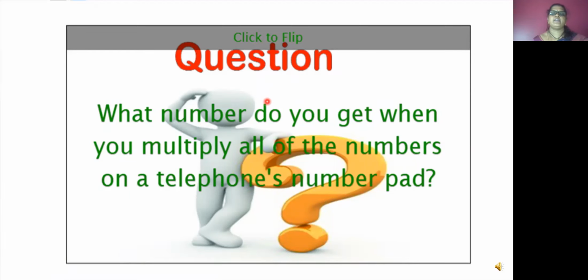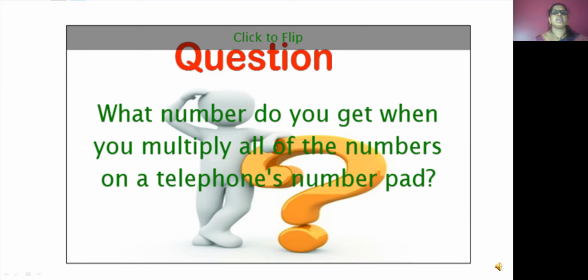Correct. So when you multiply all these numbers, what will you get? For example, you multiply 1 into 2 into 3 into 4 into 5 into 6 into 7 into 8 into 9 into 0. What will the answer be?